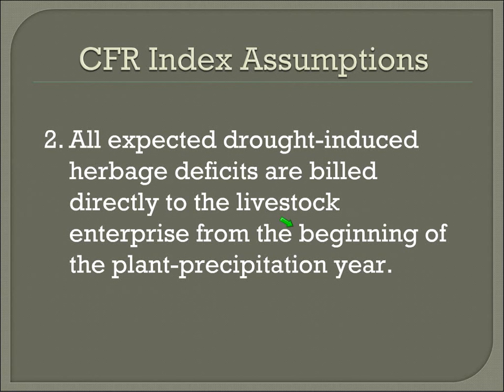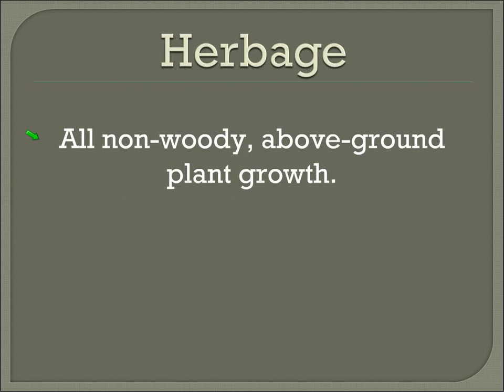The dormant season ends at the end of March, and we begin to get green up in April in our region. The issue here is that every deficit that occurs compared to the long-term average is charged against the cattle, against the moderate stocking rate that we are using.